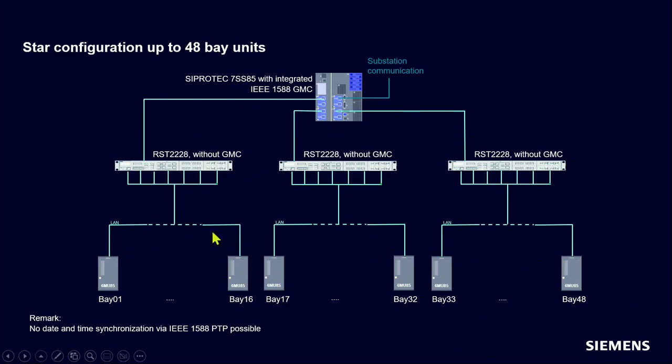And this one switch will cover up to 16 bay units. In the maximum configuration of the distributed busbar protection, we will have 48 bay units. The advantage here is that we don't need a VLAN configuration because we again have a physical separation of the different Ethernet BT modules.